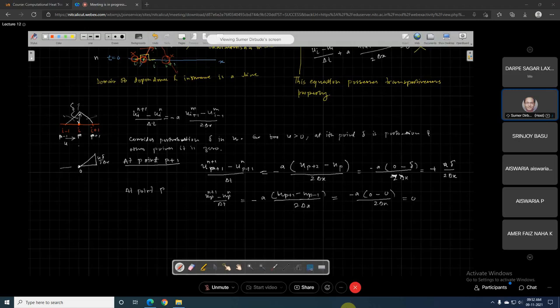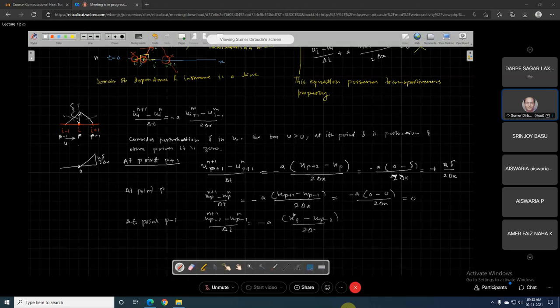What about the third point, this i minus 1? At point p minus 1, you have (u_(p-1)^(n+1) minus u_(p-1)^n) divided by delta t equal to minus a times (u_p minus u_(p-2)) divided by twice delta x.